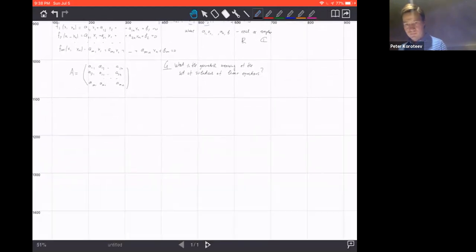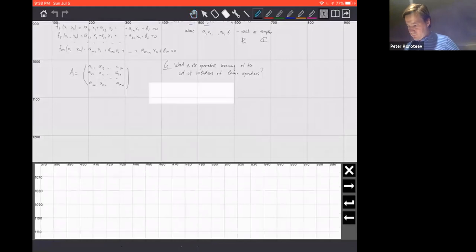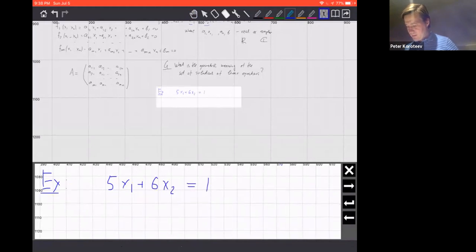Okay. So let's take an example. Are there any questions? Please, if you think I'm going too fast or too slow, or if anything's unclear, just let me know. So take an example: 5x1 plus 6x2 is equal to 1, and x1 minus x2 is equal to 3.